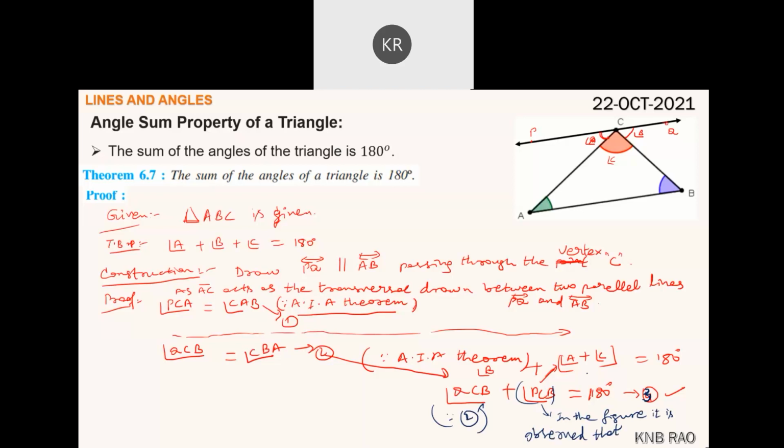You have to mention this reason. Since 2 is the reason for replacing QCB with angle B, and angle A plus angle C replaces angle PCB because in the figure it is observable, or evident. You can mention it that way. Is it clear to you?